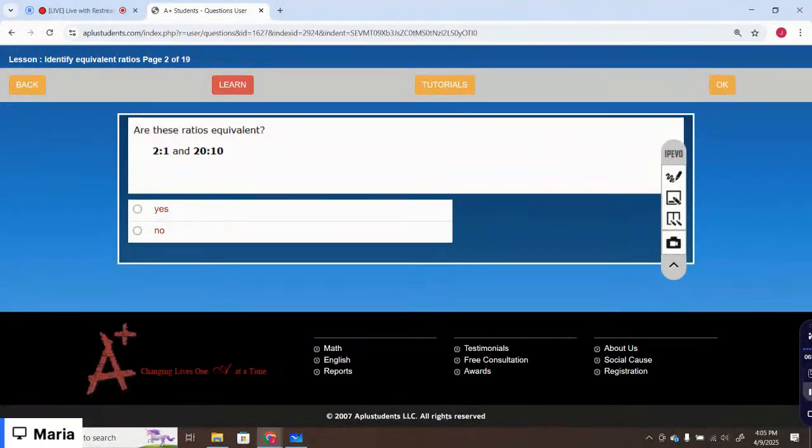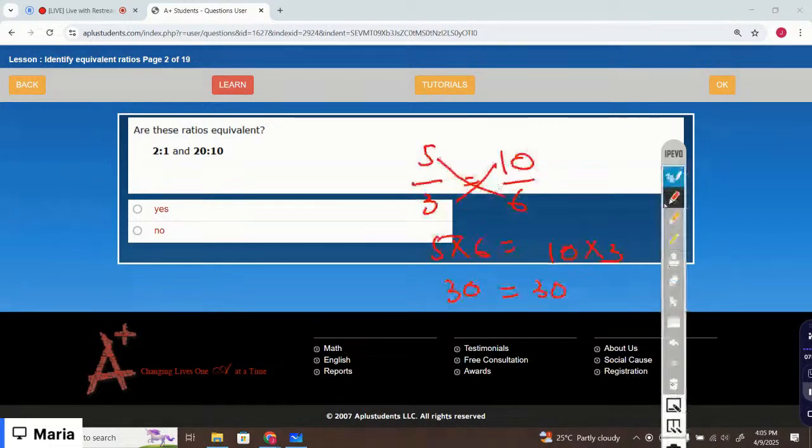Are these ratios equivalent, 2 to 1 and 20 to 10? That is 2 ratio 1 and 20 ratio 10. Let's write them down in the fractional form. So now you have to cross multiply. 10 times 2 is 20 and 20 times 1 is 20.